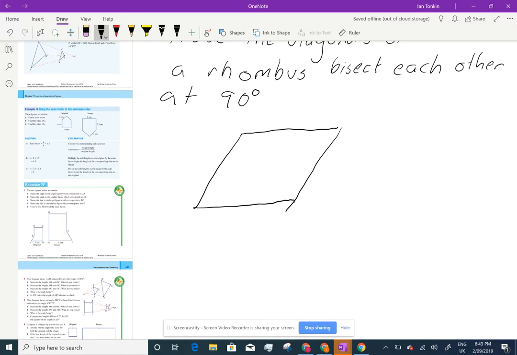Now, we've just proved that the sides are equal, so we're not going to prove that again. I'm going to label this A, B, C, and D. And we know they're parallel.